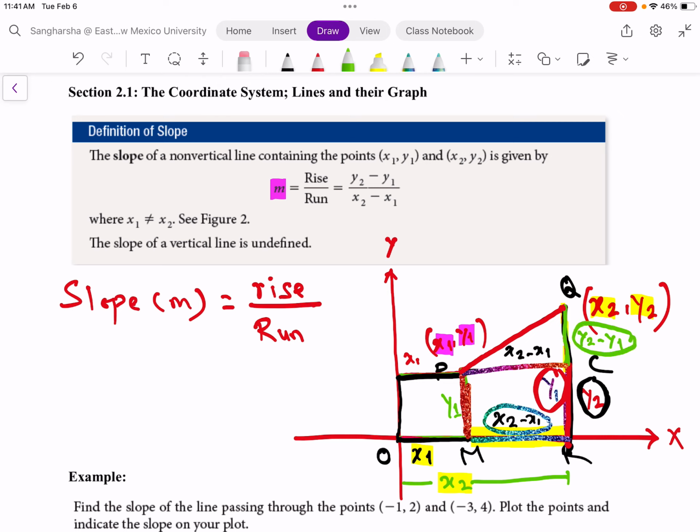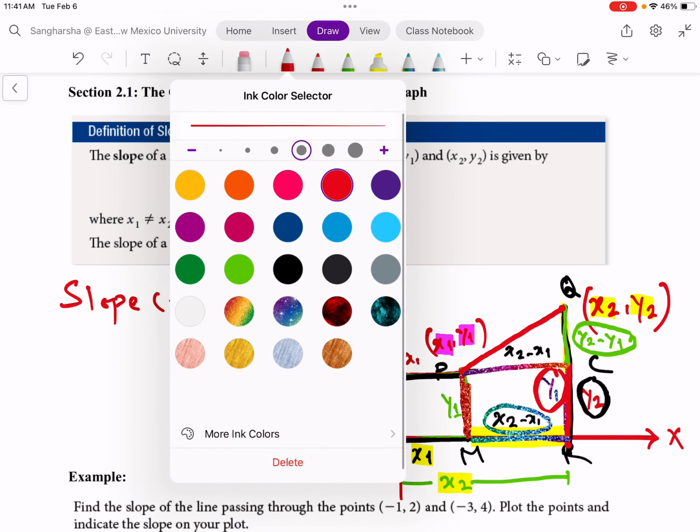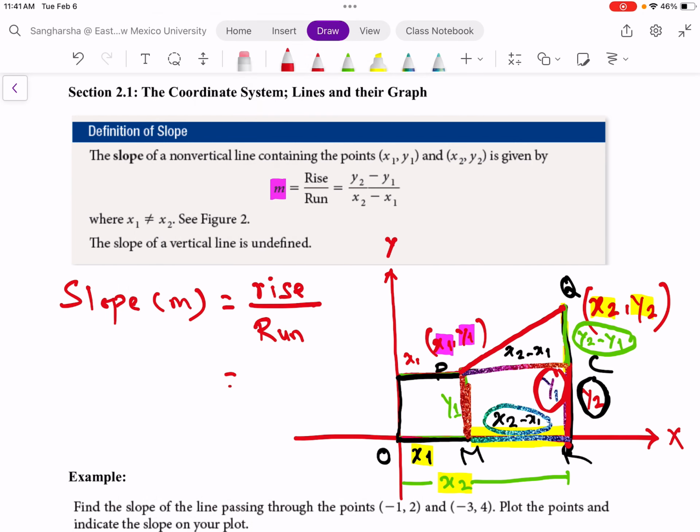And our run is x2 minus x1, this side of the rectangle.